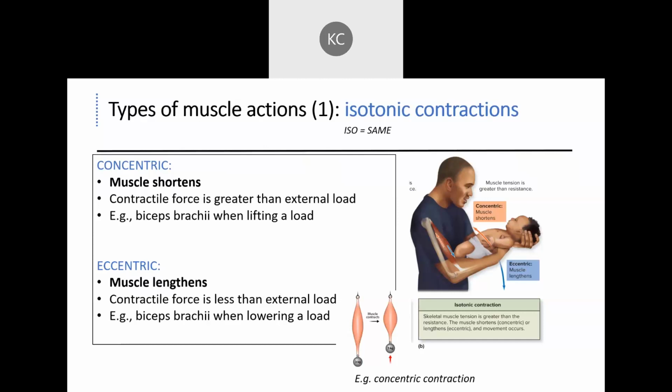But in this case, the muscle is lengthening, and this is called an eccentric contraction. Eccentric. So you can remember E in eccentric, think elongate. The muscle is getting longer. In this case, the load of whatever it is that we're trying to move, a baby or a book or a rock or something, the load is greater than the force and the tension that we can generate with our muscle.